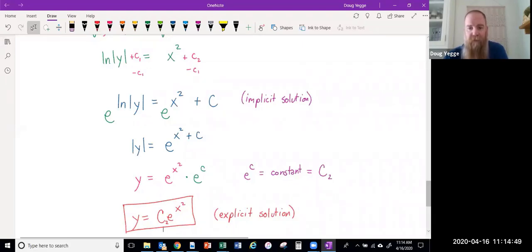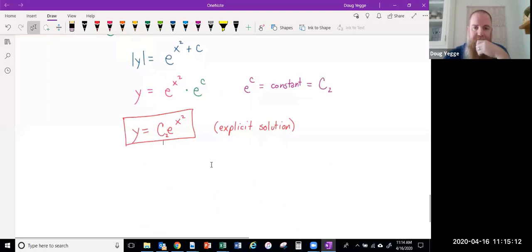Some instructors will just allow you to replace e to the c with another c. I don't like to do that, having taught differential equations, because all of the c's that we deal with in a problem are all different. I want to make sure that we're aware that these are different values, so I'm just calling them different constants.